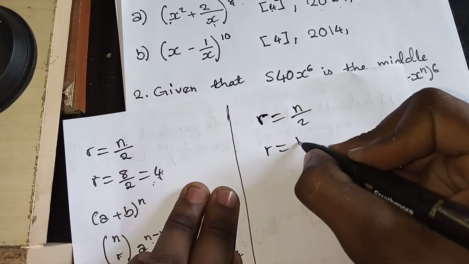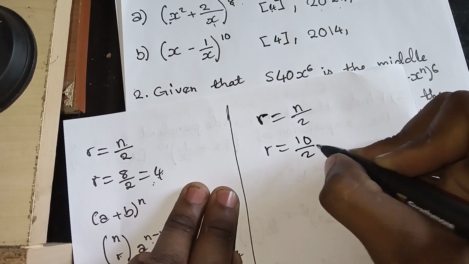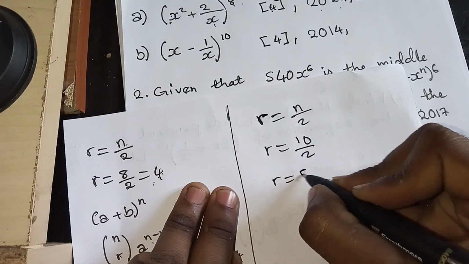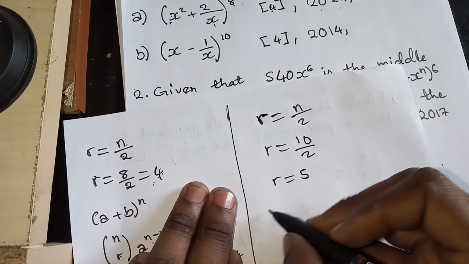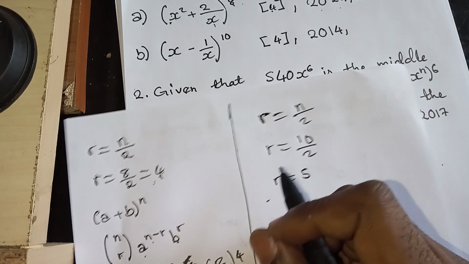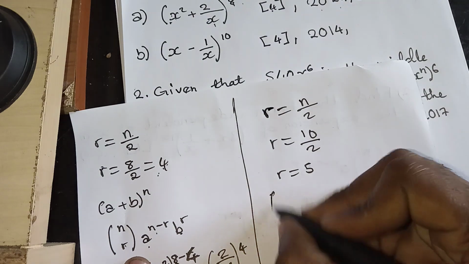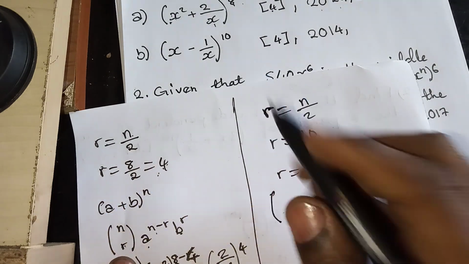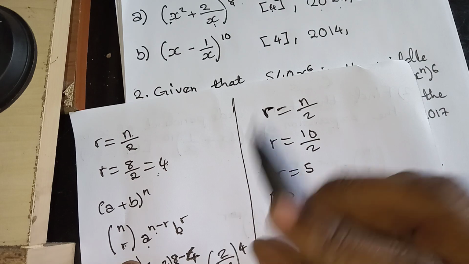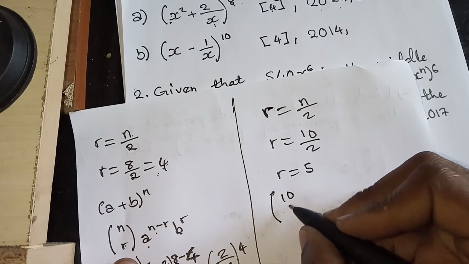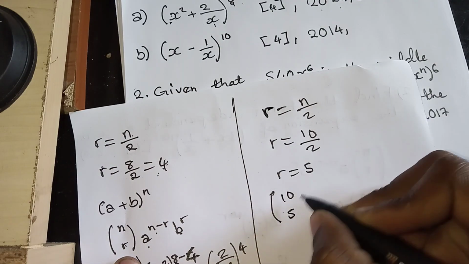So your r will be 10 divided by 2, which is 5. And then using this formula there, we can say n is 10, and then our r is 5.